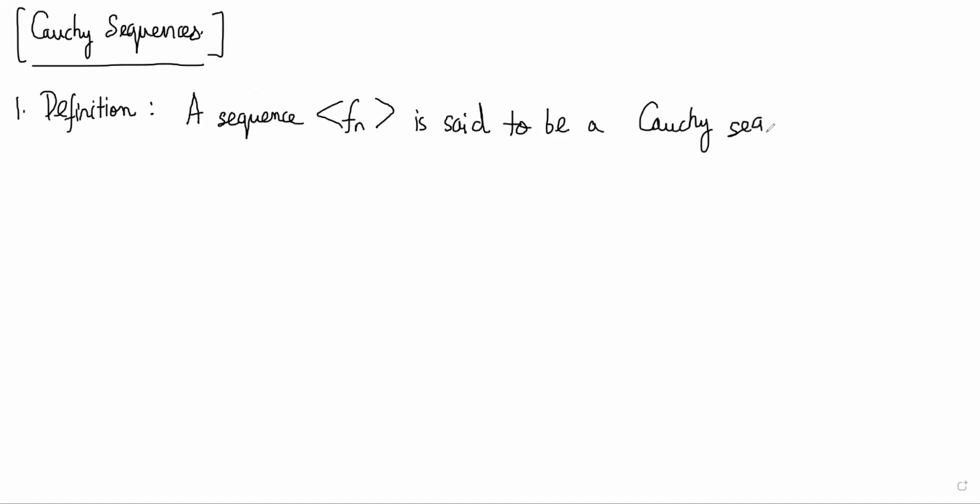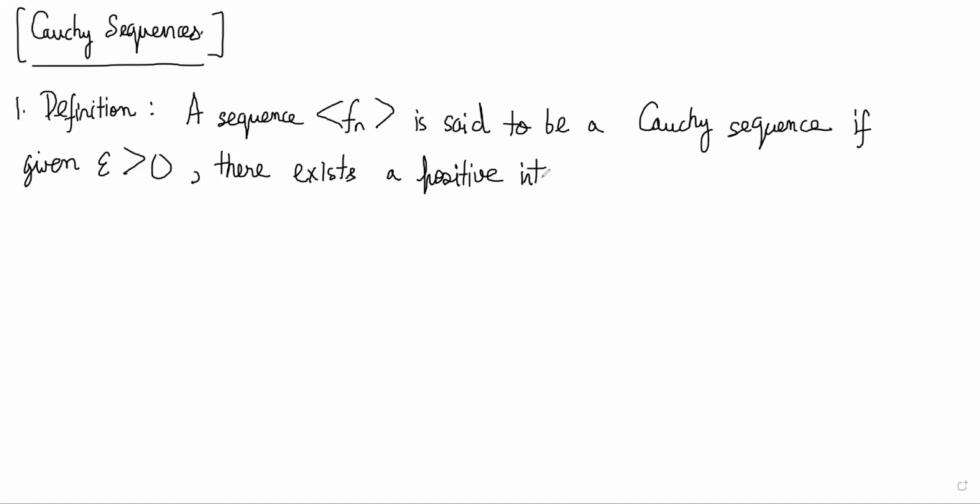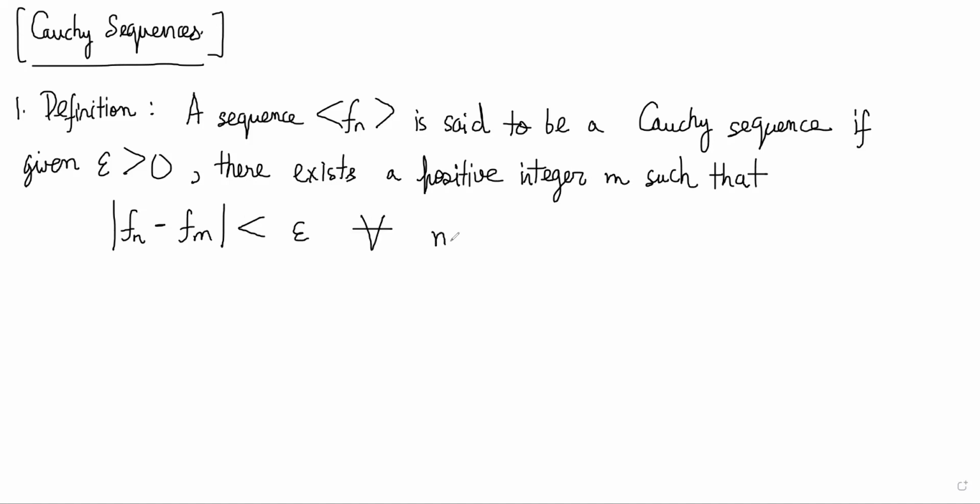So the definition is this. A sequence Fn is said to be a Cauchy sequence if, given epsilon greater than 0, there exists a positive integer m such that mod of f of n minus f of m is less than epsilon for all n greater than m.